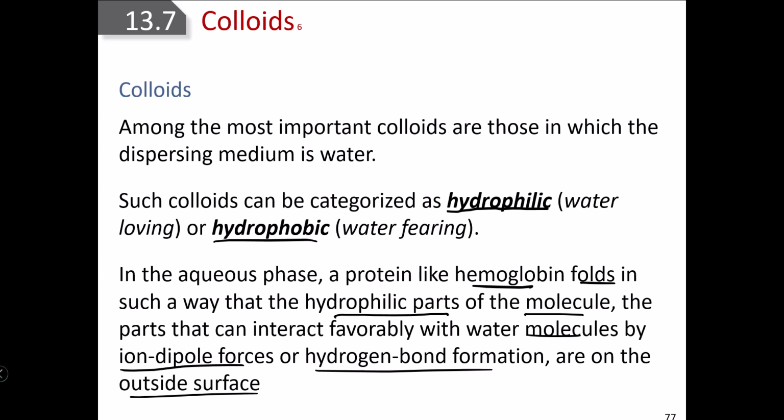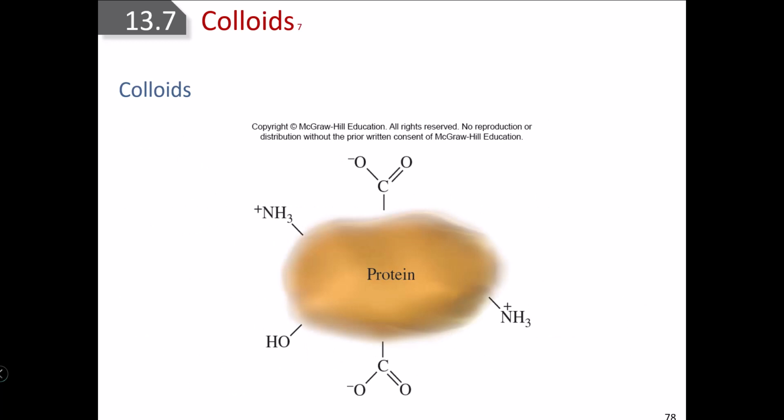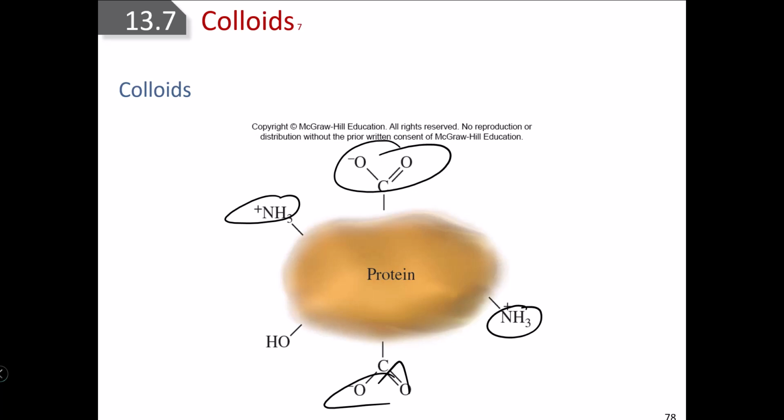When we start looking at a complex like a protein or some larger macromolecule, the molecule itself is large, and it would scatter light, and it has these hydrophilic sites on it. Where it's polar, you're going to have hydrophilic sites, and where it's nonpolar, you're going to have hydrophobic sites.